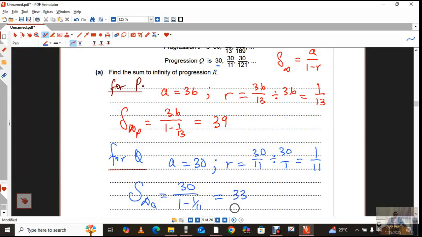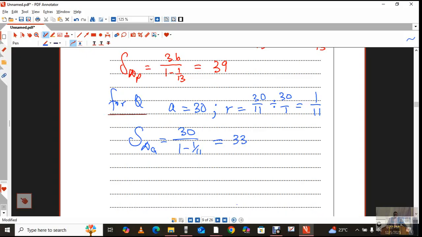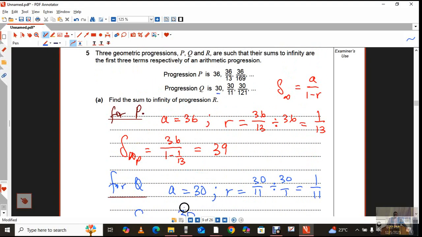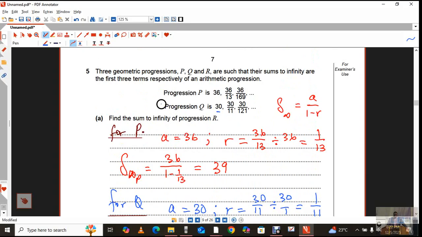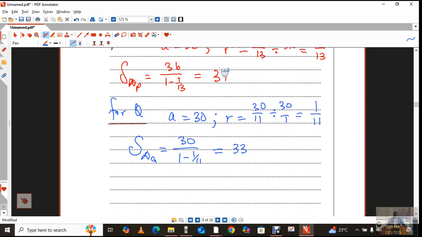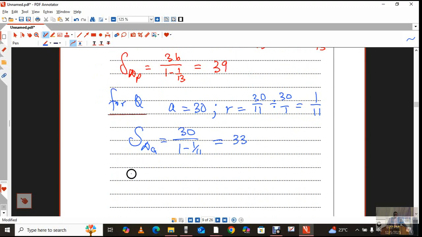So what do we have so far now? Now we have, because they are now saying that the first three terms form an arithmetic progression. So we know what P is. So term 1 is equal to 39.